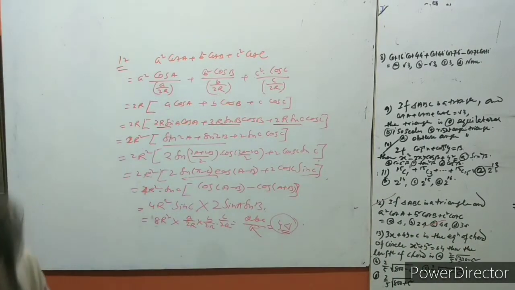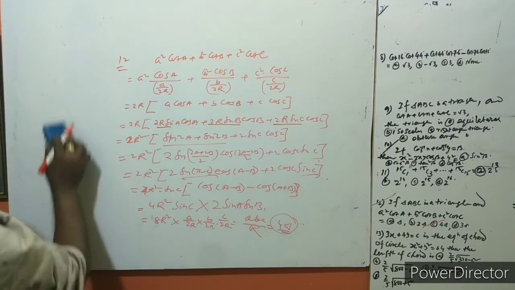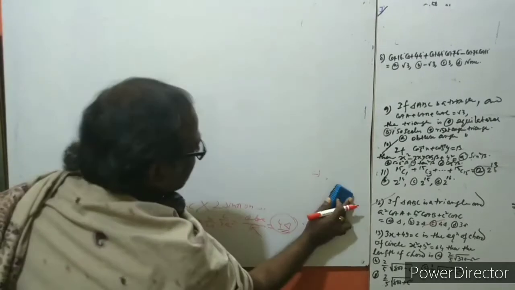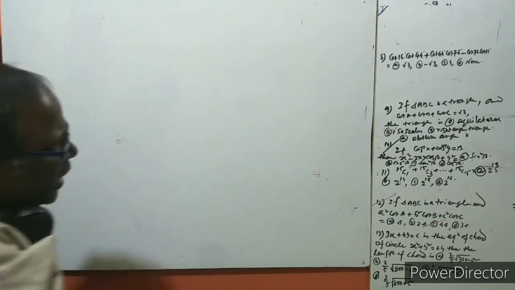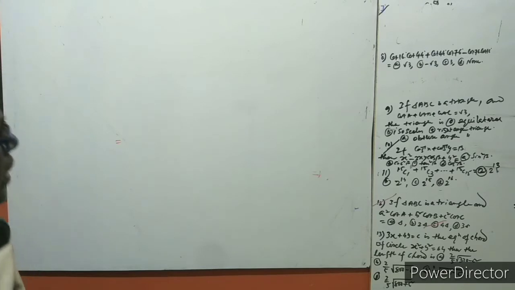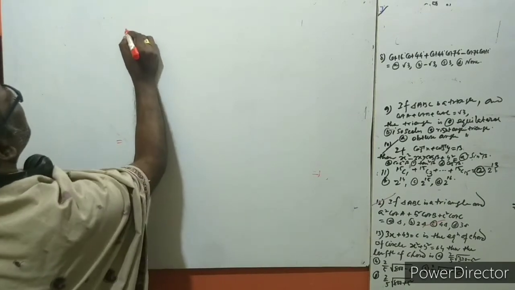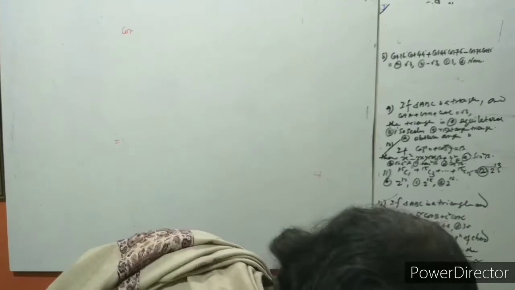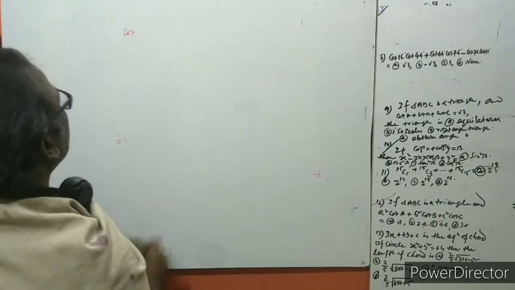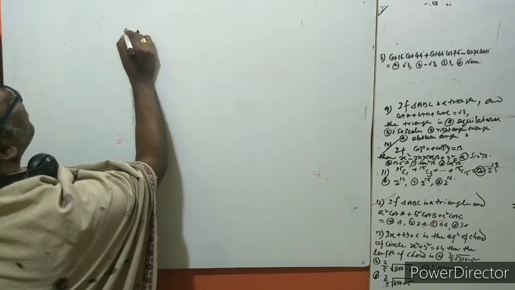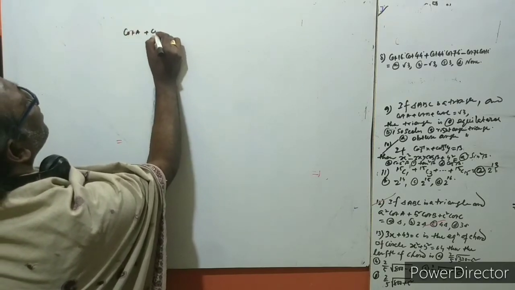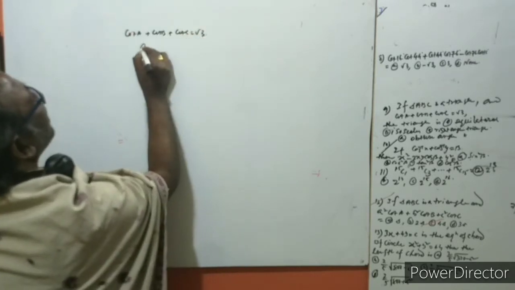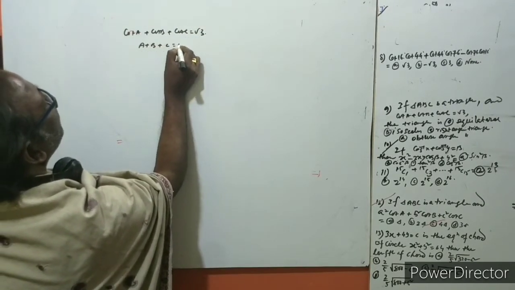Okay, see carefully and see the next question, that is question 9. In a triangle, given that cot A, cot B and cot C, cot A cot B cot C is equal to root 3, and A plus B plus C is equal to pi.